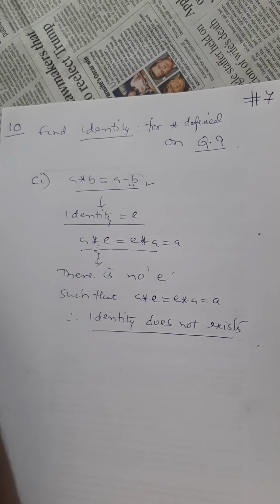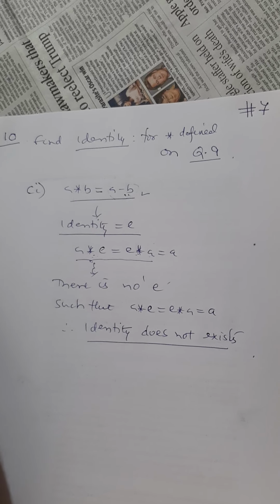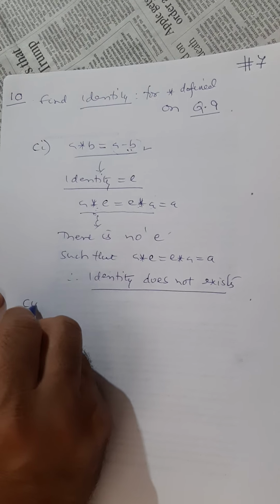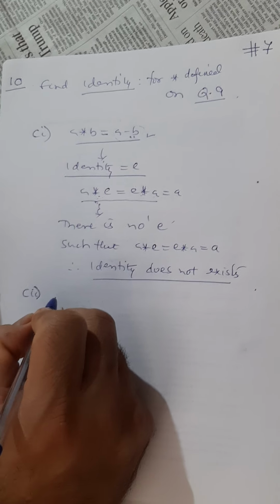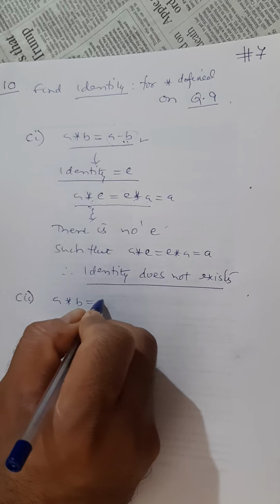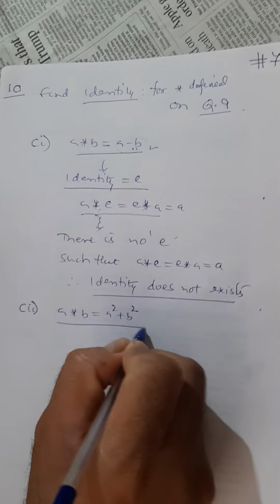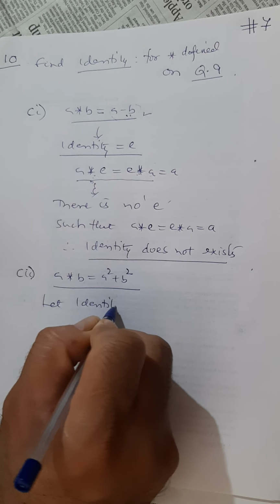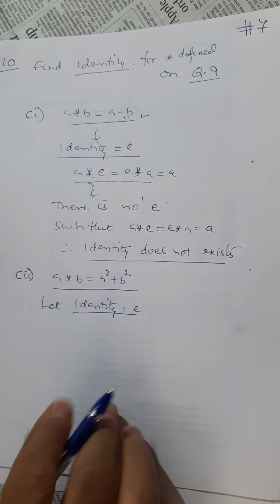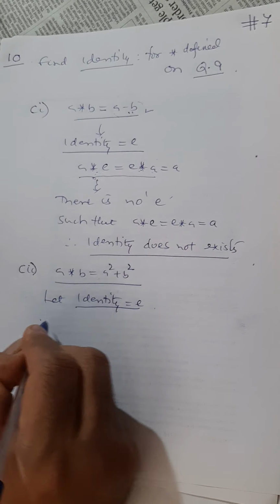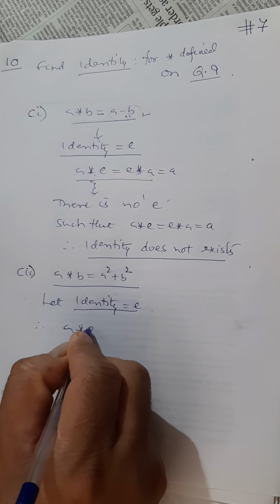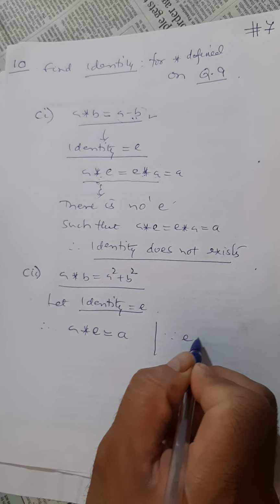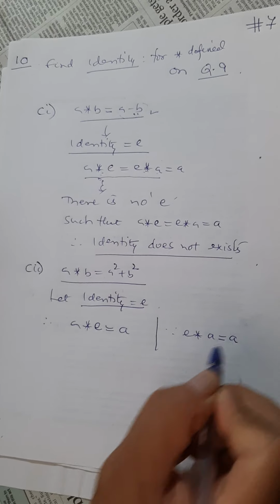Now the second question, if you go to the next question, a asterisk b equals a square plus b square. Let identity equal e, so we try to find e here. By definition, as I explained in one of the earlier sessions, a star e has to be a. Even the reverse is also true. e star a should be a again.